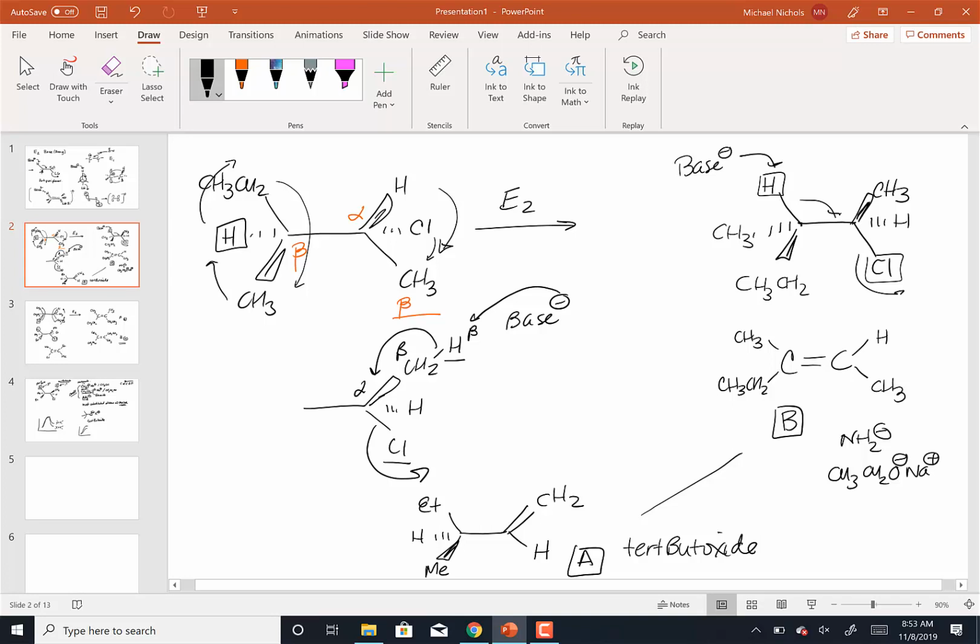So if I used either of those two bases, B would be my major product. If I use tertiary butoxide, I get A. So now I have the ability to pick which double bond I want to form.